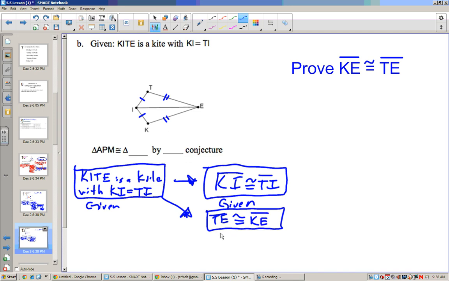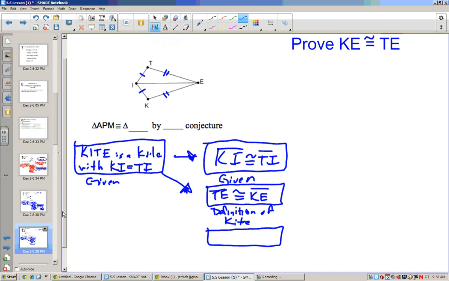And that's because of the definition of a kite. And the third piece of evidence, I can see that this side is in both triangles. So IE is congruent to IE, and that is the same segment.